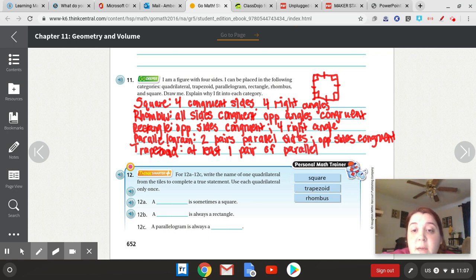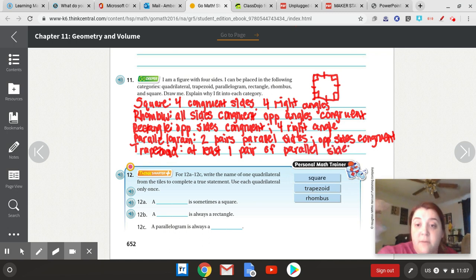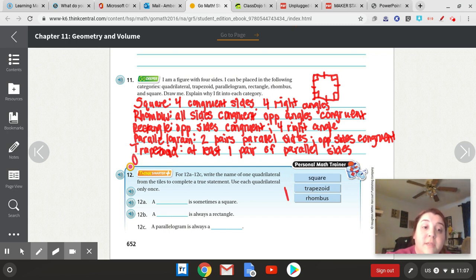You can see as I'm getting further from the specifics of that square, okay? And then I know that this is a quadrilateral because it's a 4-sided figure.